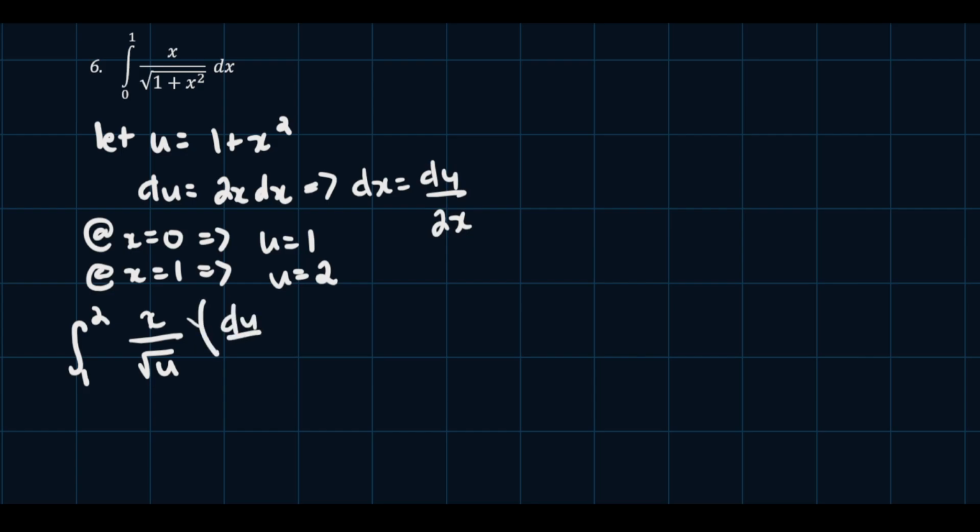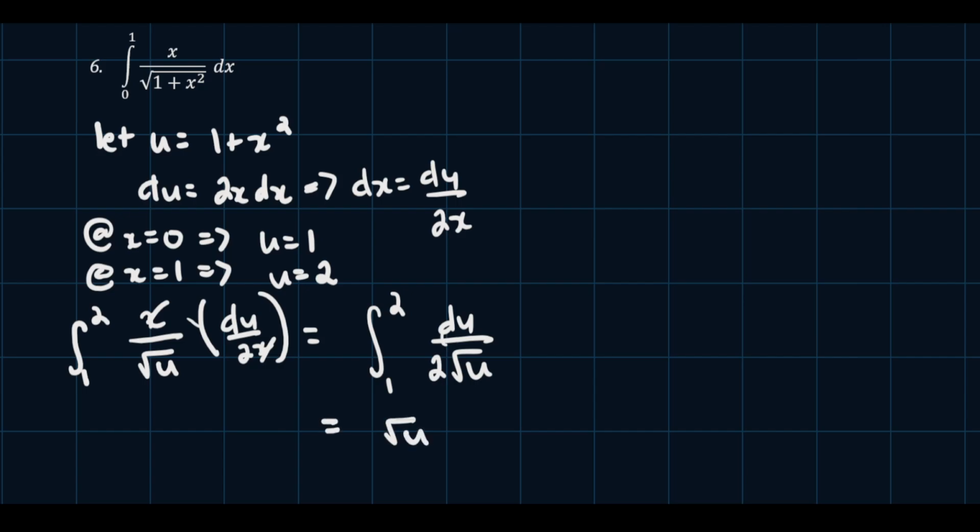The x's cancel. So we have the definite integral from 1 to 2 of du over 2 square root of u, which we can now get as square root of u, evaluated from 1 to 2. Or we have square root of 2 minus 1.